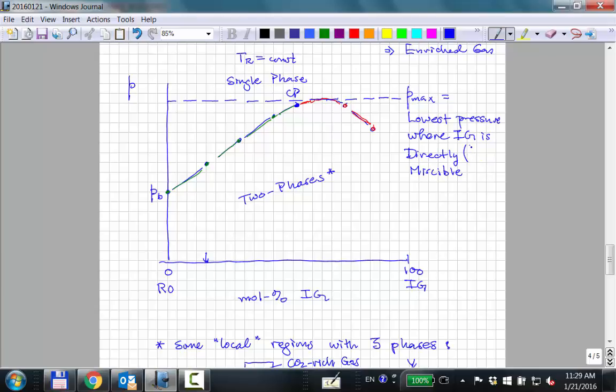Sometimes this directly is referred to as first contact. Okay? That means if the gas goes into the oil reservoir in any proportion and hits the oil in any proportion, it's miscible. That's called first contact or direct. So it's the lowest pressure where the injection gas is directly or first contact miscible with the reservoir oil.